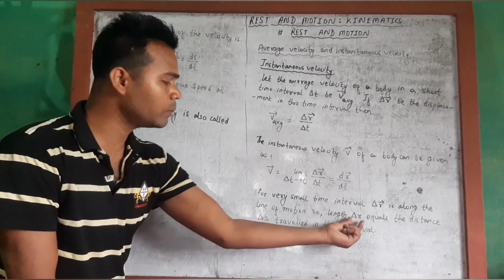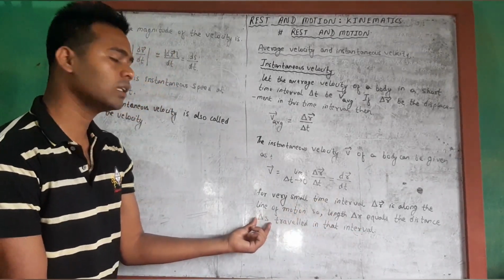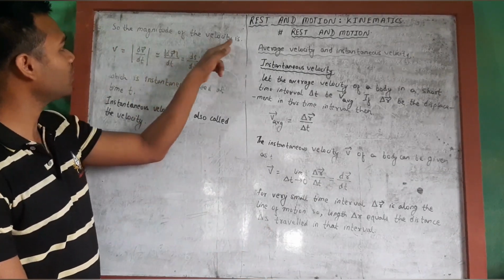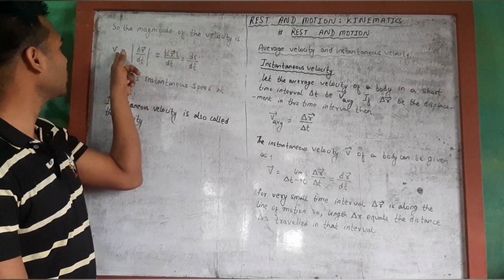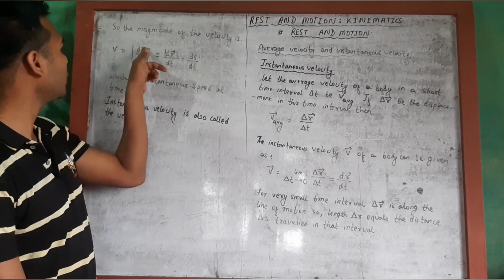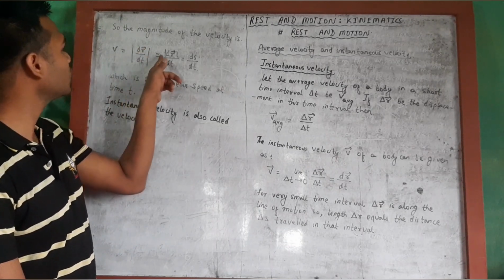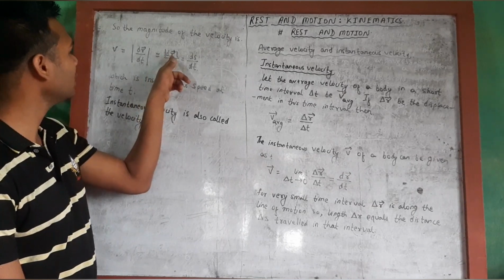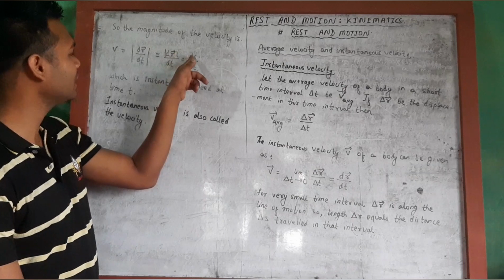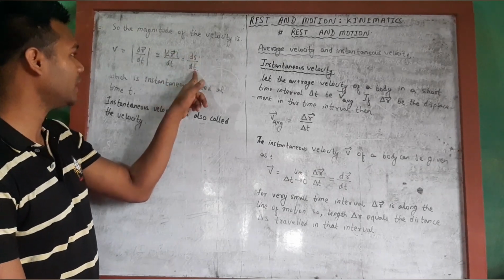That means displacement will be the same as the distance. So when we find the magnitude of the velocity, the magnitude of dr vector divided by dt is equal to the magnitude of dr divided by dt, or magnitude of dr is ds, that's why ds divided by dt.